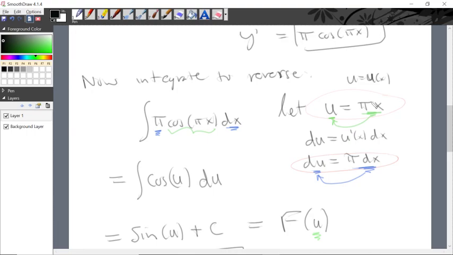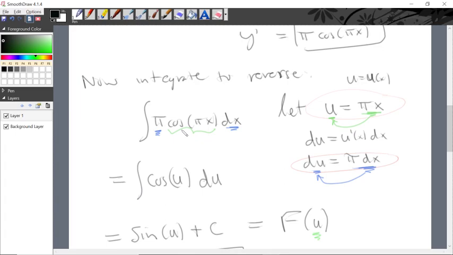Now, once we choose our function for u of x, that comes along with a consequence of the differential we're going to get. So we don't have independent control over the differential. The differential is dependent on the choice that we make for the function u.